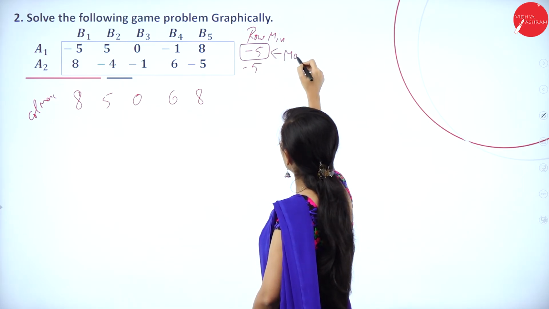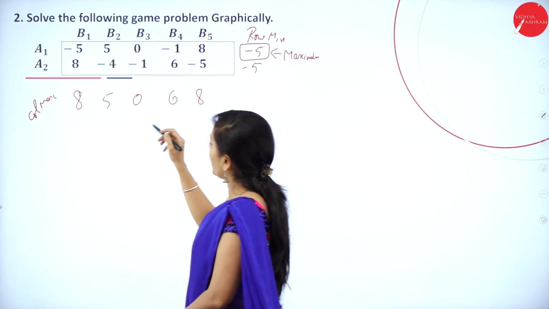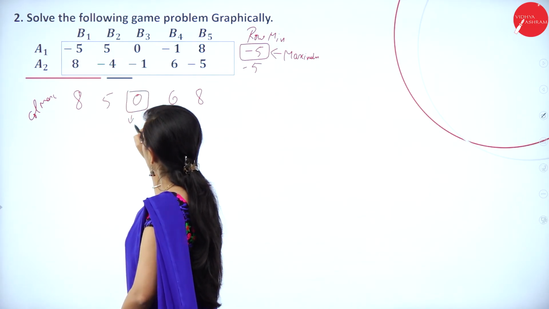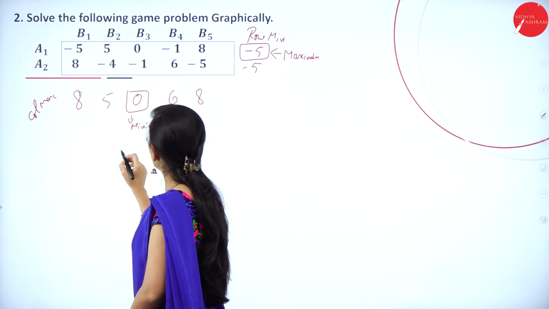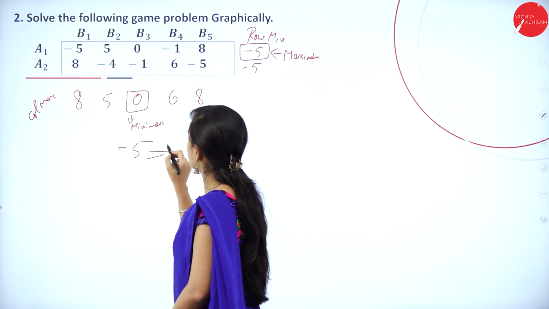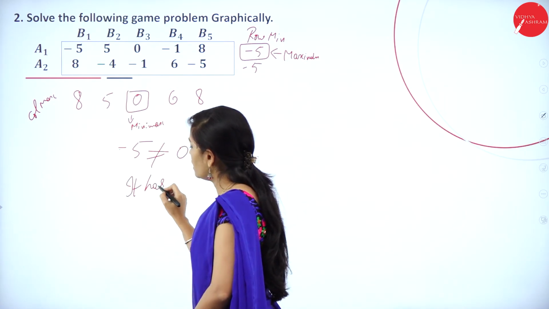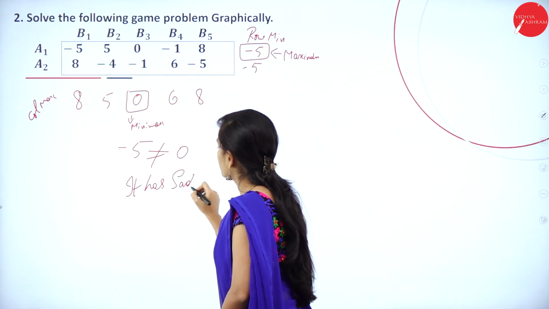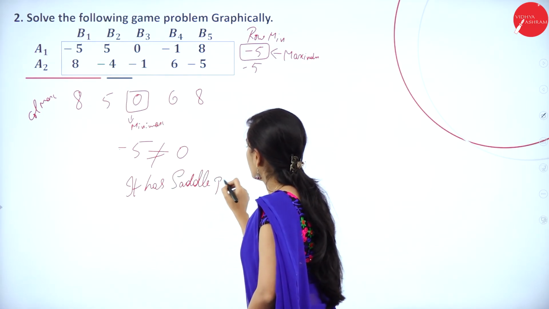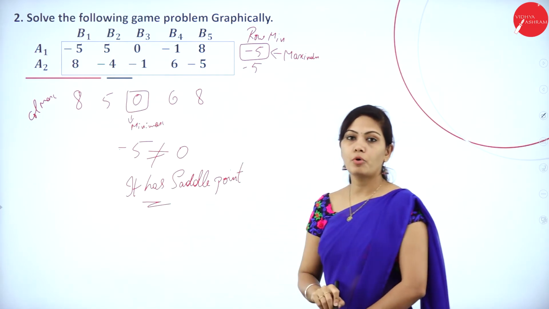Maximin is minus 5 and the minimax is 0. Is this equal? So minus 5 is not equal to 0. It has no saddle point because it is not equal.